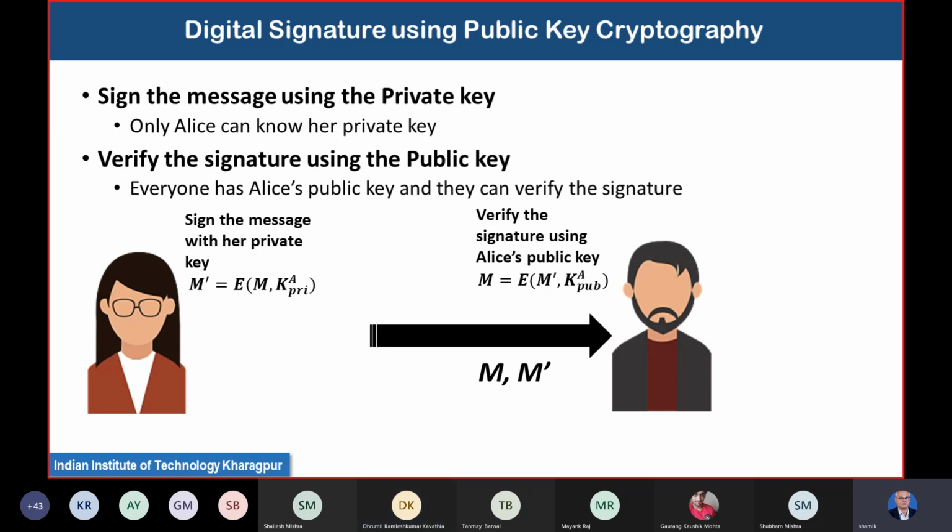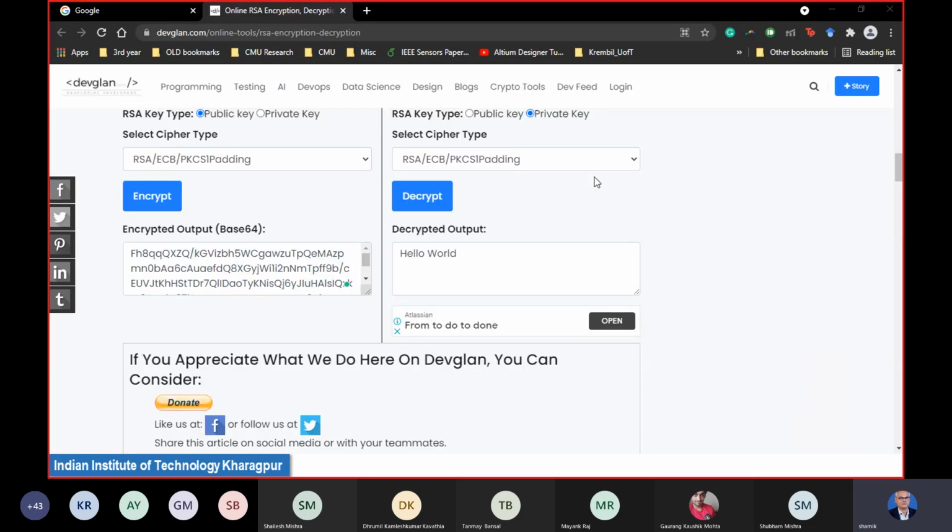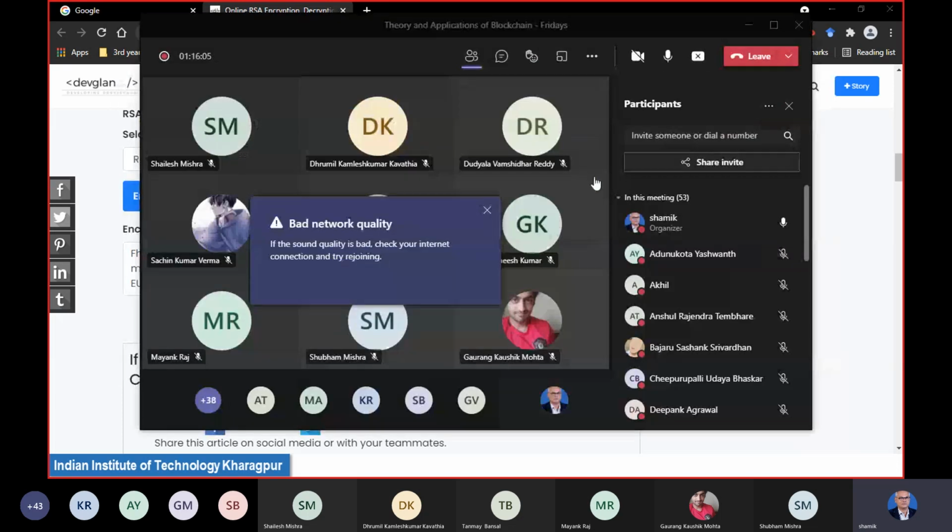The argument could have been that I don't send m, I send only m prime, and Bob would decrypt it with Alice's public key, and whatever Bob gets would be the message that was sent by Alice, right? Yes, sir.